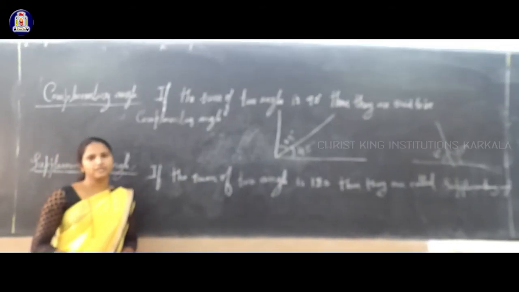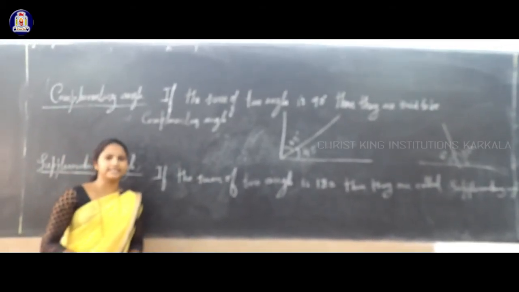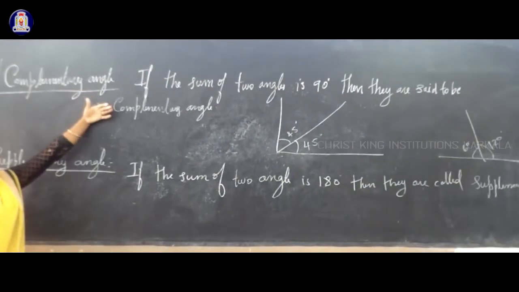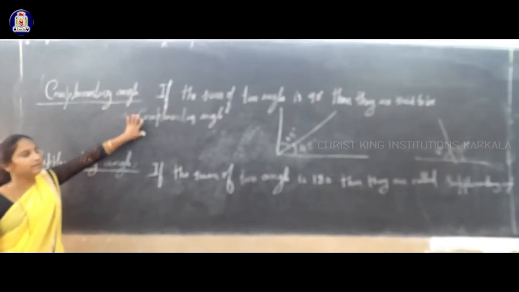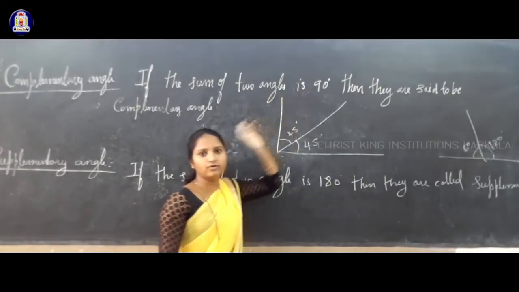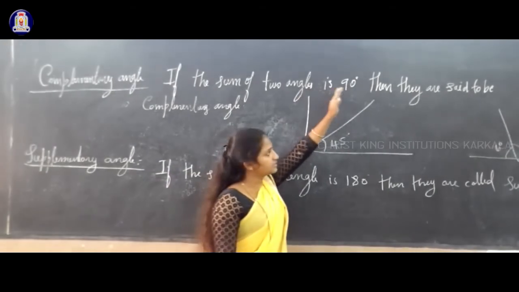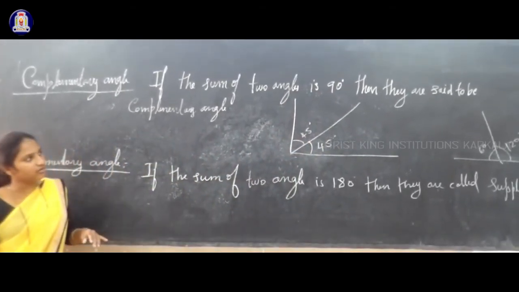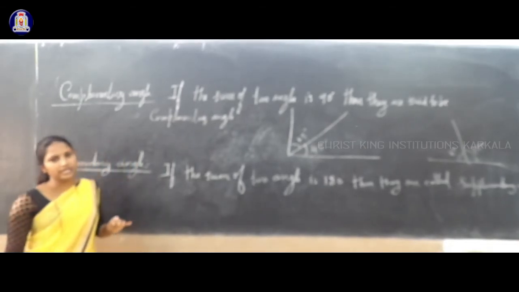Next concept: complementary angle and supplementary angle. So first we will see what complementary angles are. Complementary angle means if the sum of two angles is 90 degree, then they are said to be complementary angles.